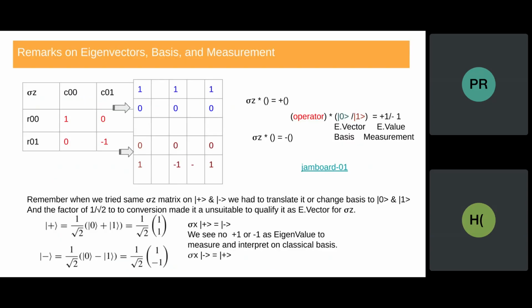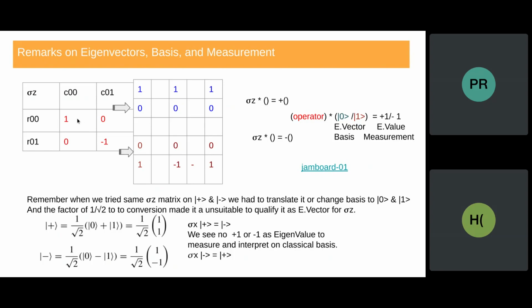Now let me go to the third session. Certain things we are trying to get to, and we are at the operators. So we have sigma x, sigma y, sigma z, and we have taken 2 of them, sigma z and sigma x. Sigma z as a matrix is 1 0, 0 minus 1, row followed by column.